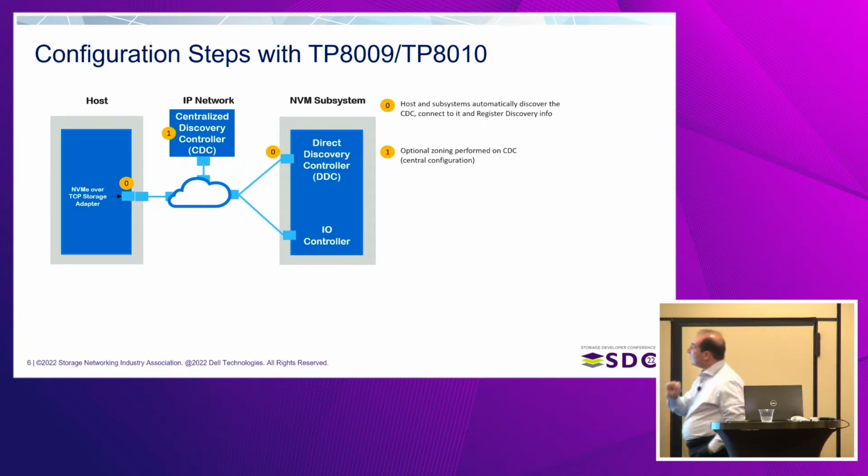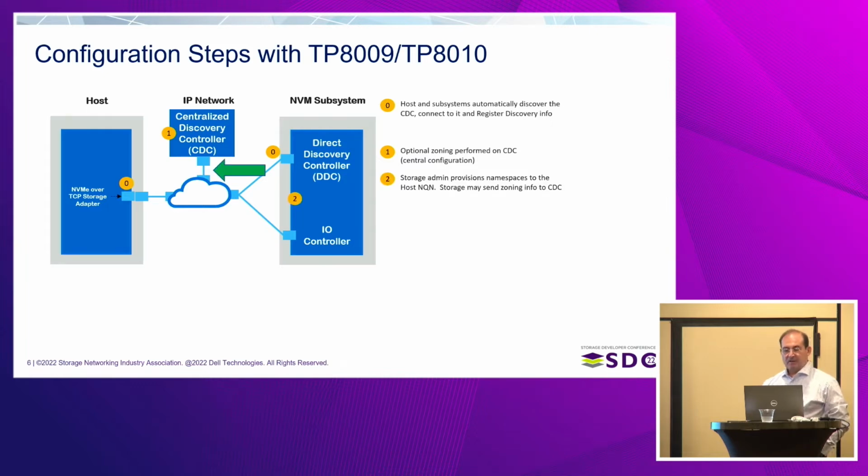Zoning can be performed on the CDC, so you have this central fabric policy configuration that is done on the CDC itself. Then the storage administrator can provision namespaces to the host NQN, and it's possible also to have what we call subsystem-driven zoning information sent directly to the CDC.